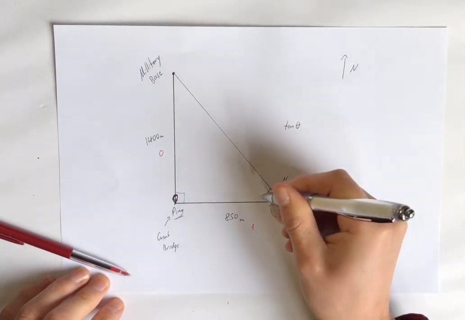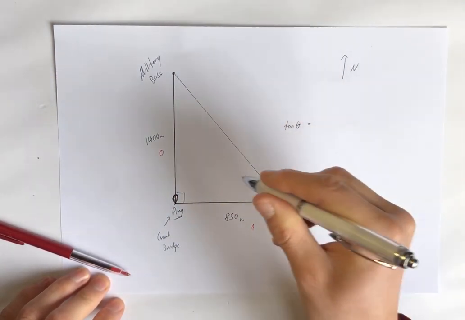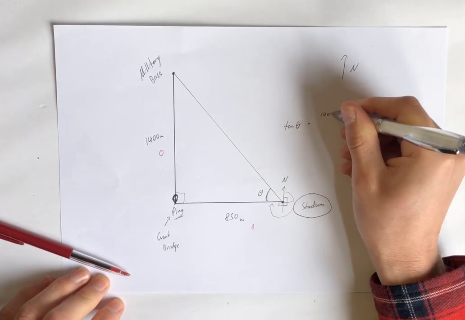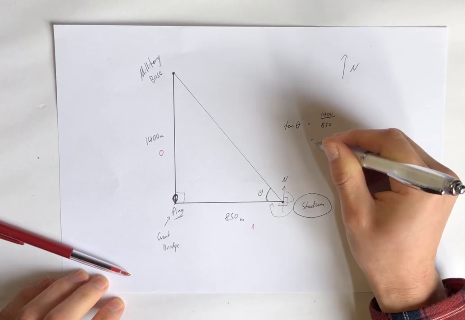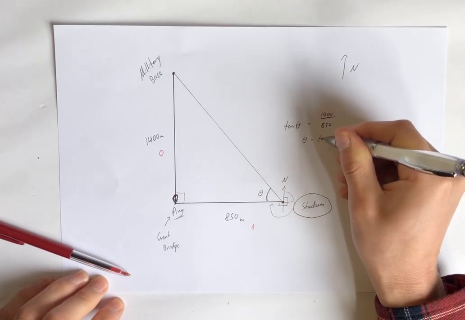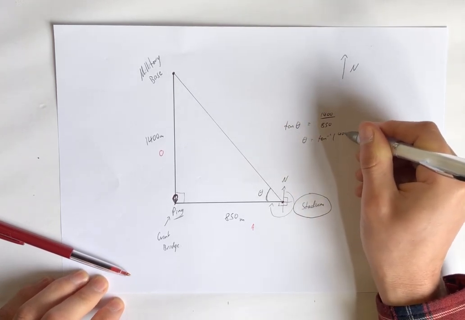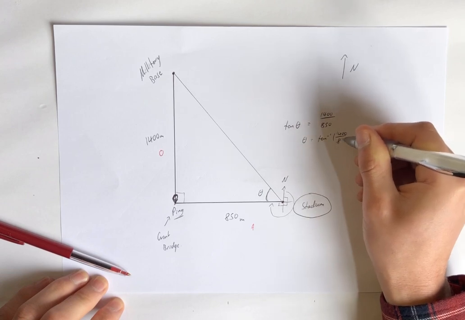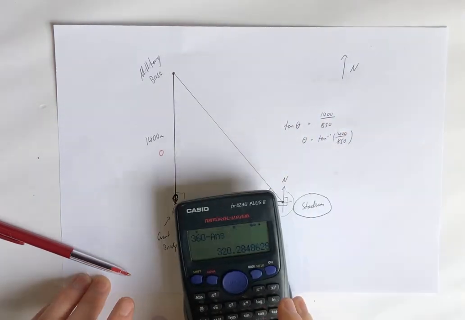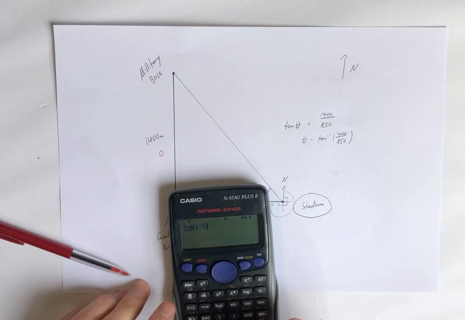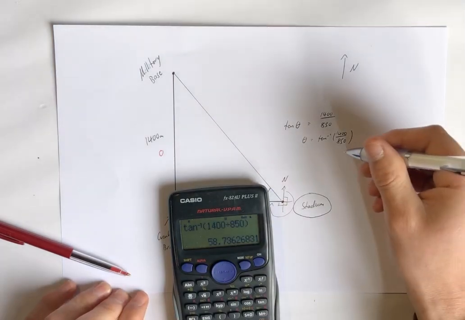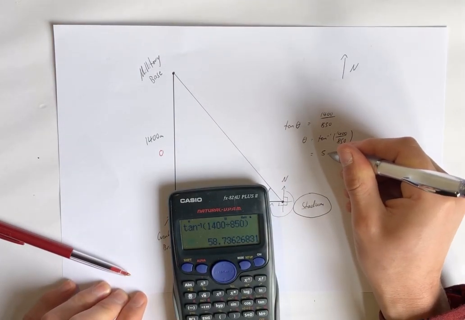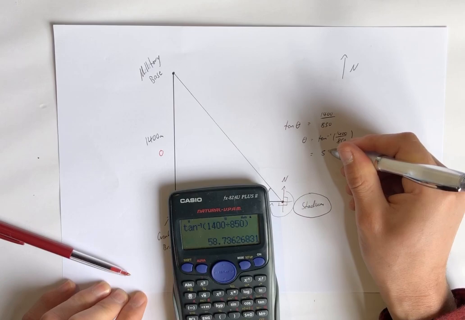So tan of that angle is going to be equal to O over A. And so we want the angle, we tan inverse the 1400 over the 850. So inverse tan, 1400 divided by 850, we get an angle of 59.